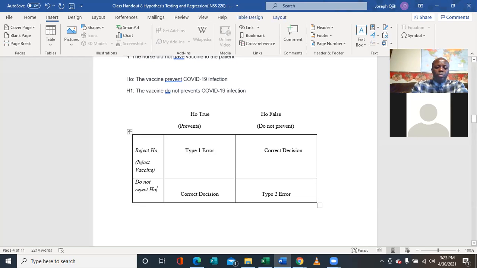Do not reject H0 means no injection given.